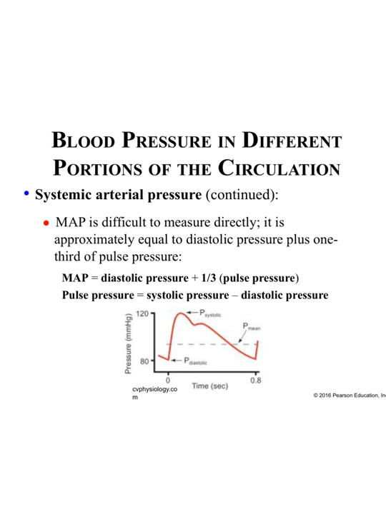Again, MAP itself is hard to measure. So we have an equation that gives us the best representation of this. We're going to take the pressure when the heart is at rest, the ventricles are relaxed, and we're going to take a third of the pulse pressure, which, remember, is the difference between the two values.